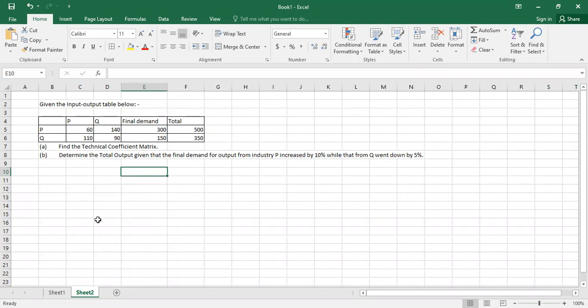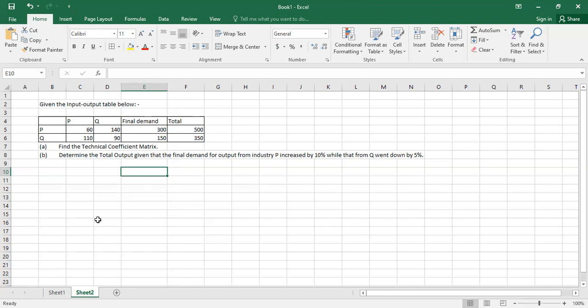Then I've been asked to find the technical coefficient matrix. Then determine the total output, given that the final demand for output from industry P increased by 10%, while that of Q went down by 5.